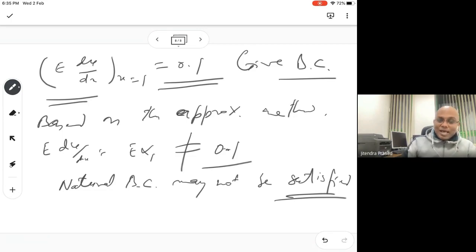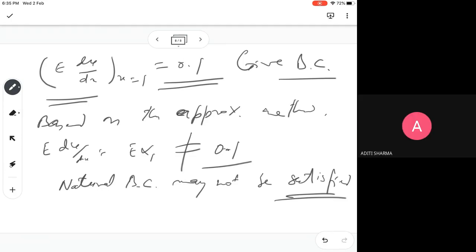You are finding the exact solution of a different problem. This is also an exact solution, but of that different, approximate problem. So instead of changing the solution, you are changing the problem itself. That's the thing. Yeah, got it? Yes, sir.